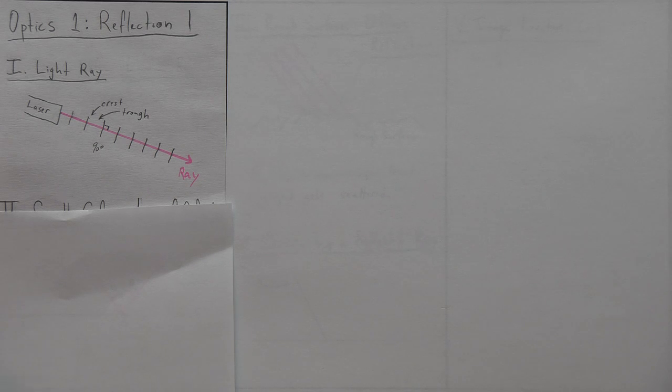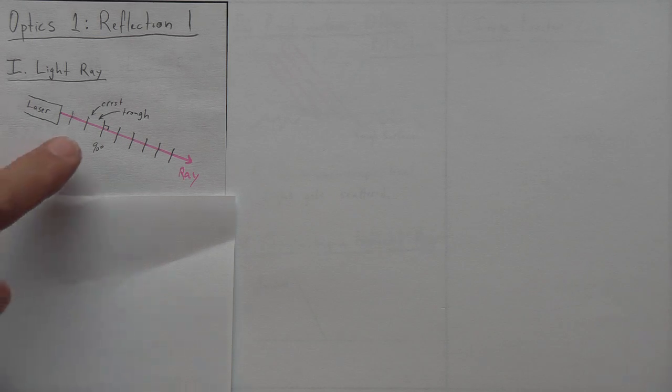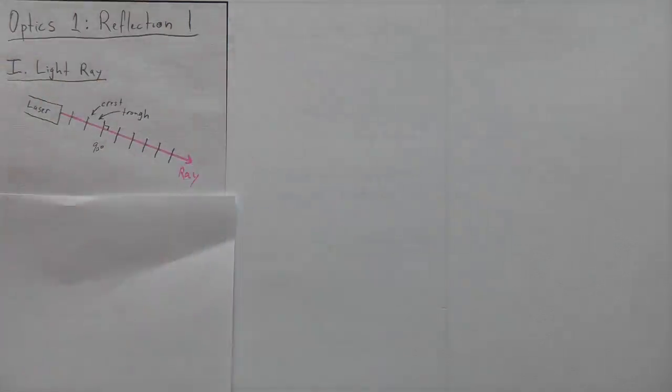And then the other thing we're going to start with today is this concept of a light ray. So light, as I said, is made of crests and troughs, as you can see in this diagram, and those crests and troughs are moving. Now, if we were in class I would take out a little laser pointer and you could see the light ray shining, and maybe that laser pointer makes red light like a lot of lasers. So these crests and troughs are moving, but we define something called the light ray. It doesn't really exist. It's in our minds.